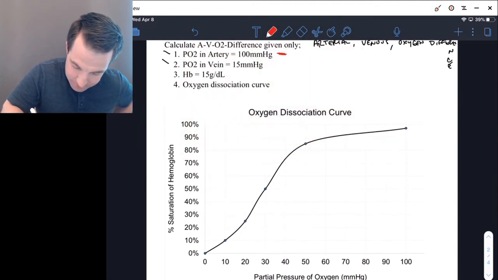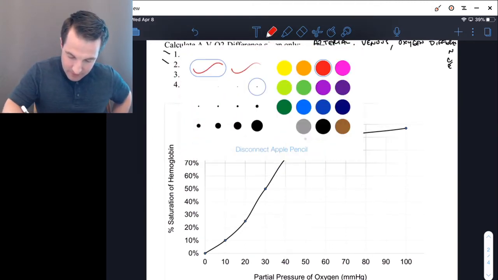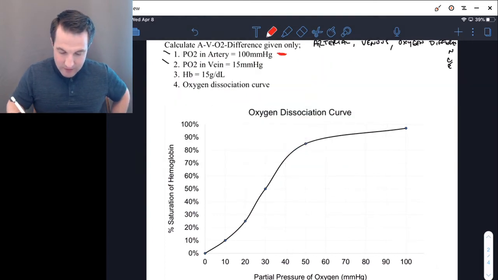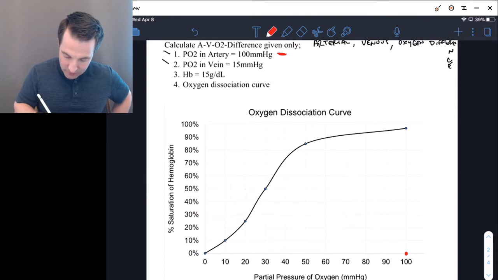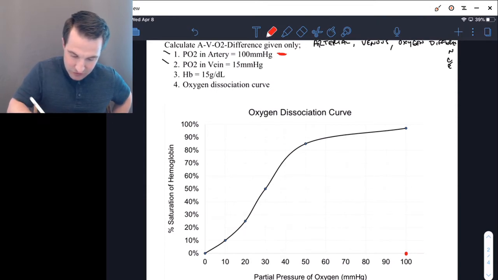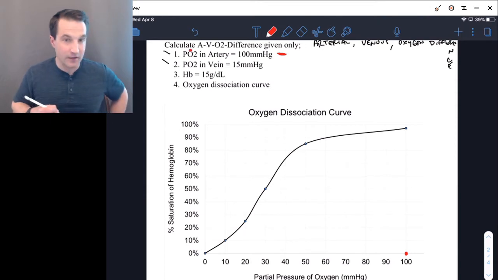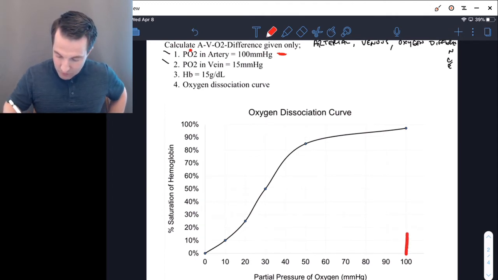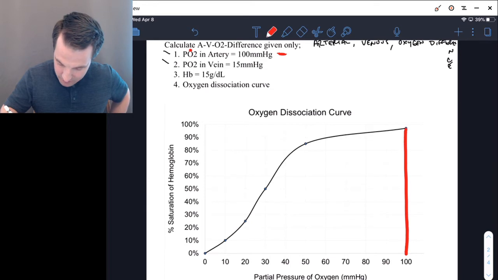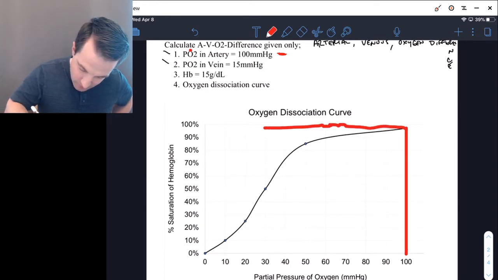We'll do red. And if I make this a little bit bigger so you can see it, we say it's 100 millimeters of mercury. Here we are right here at 100 millimeters of mercury. Remember, partial pressure of oxygen, PO2, right there. Those two things match up. Let's see what happens. If we go to partial pressure of oxygen being 100 right to there, and then we draw our horizontal over.